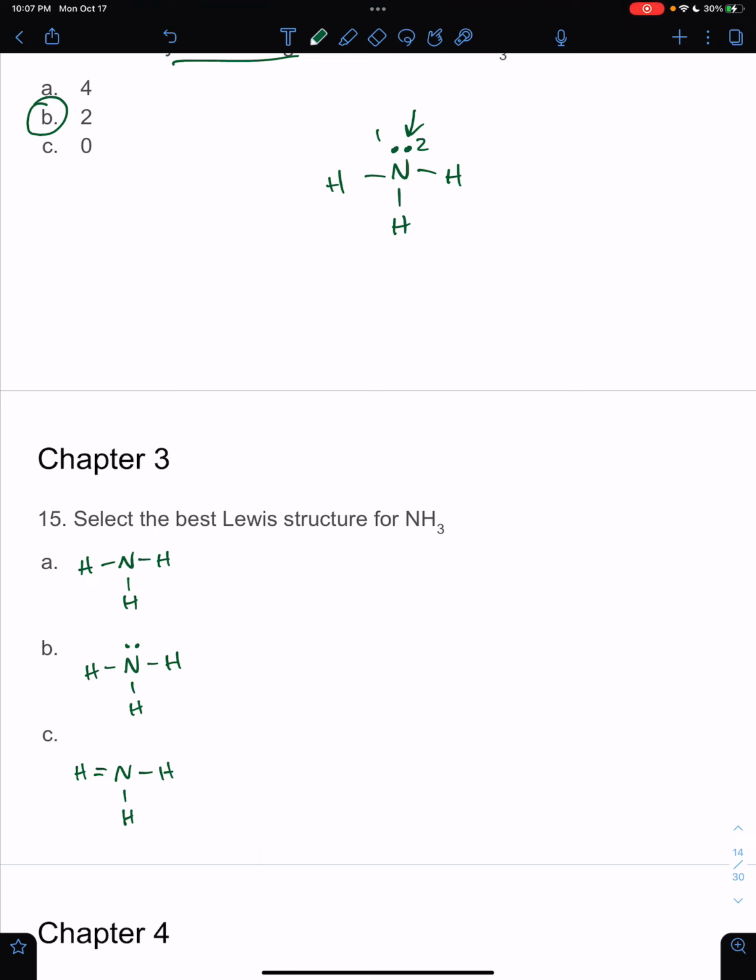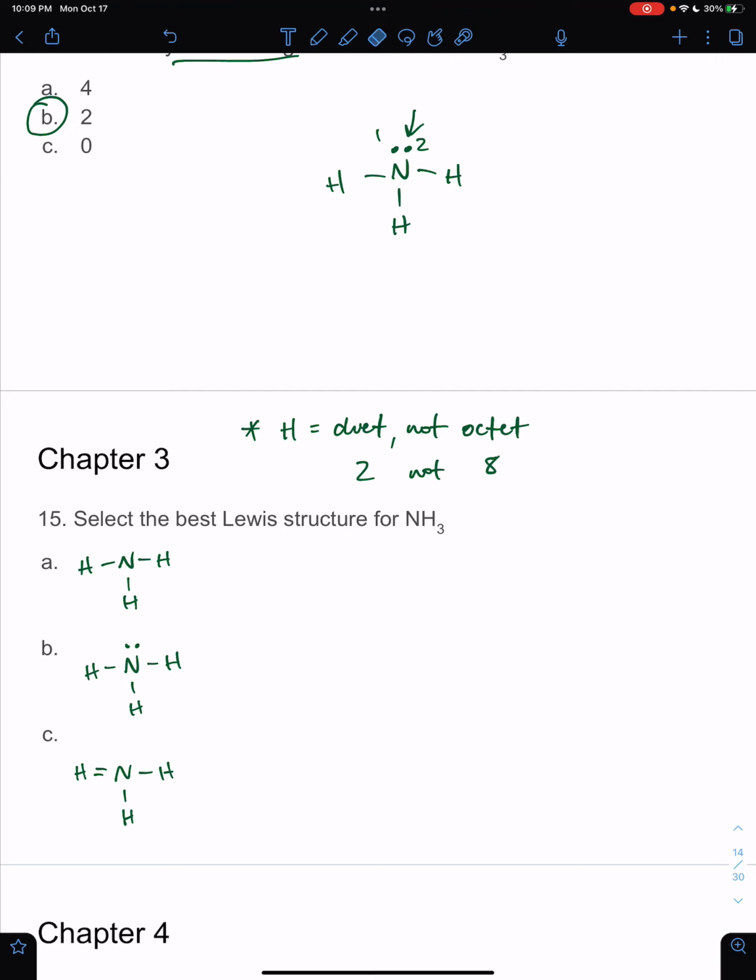They each have their 2 electrons in the double bond. They each have their 2 electrons in the single bond. So remember, hydrogens have a duet, not an octet. So they only need 2, not 8.